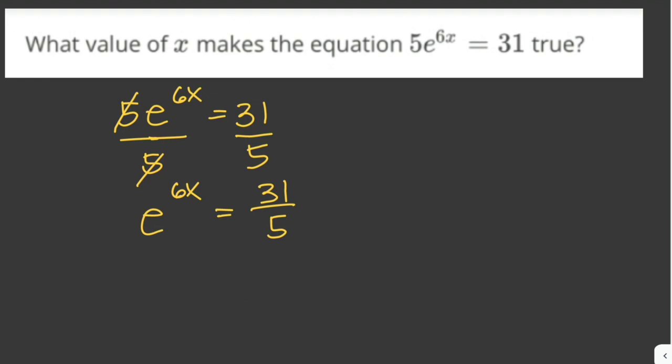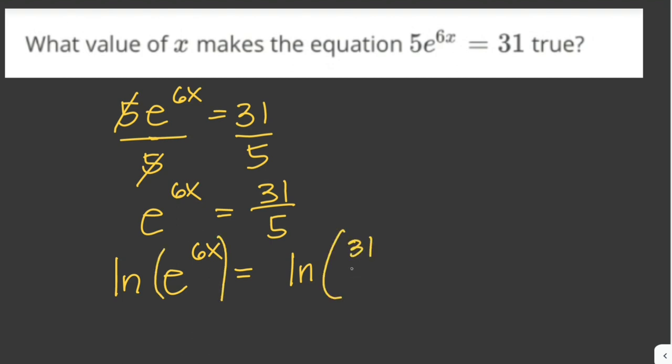And now we can use the natural logarithm. So this would be ln of e to the 6x equals ln of 31 over 5. And now we can use the properties of natural logarithm.